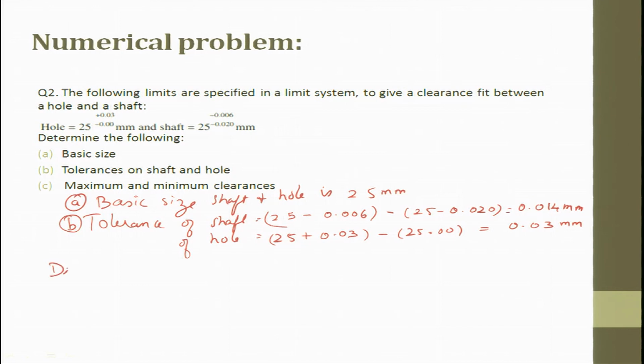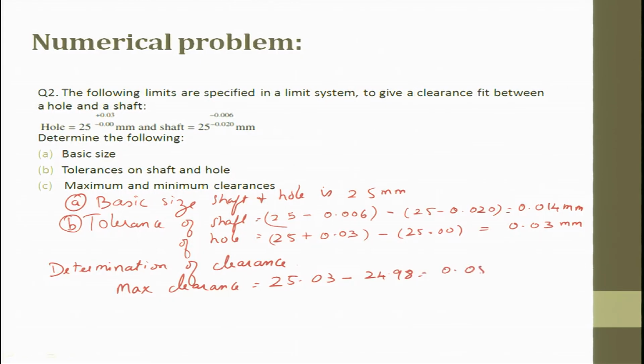Now the determination of clearance. The maximum clearance is going to be 25.03 minus 24.98, which is nothing but 0.05 millimeter, and the minimum clearance is going to be 25.00 minus 25.00 minus 0.006.